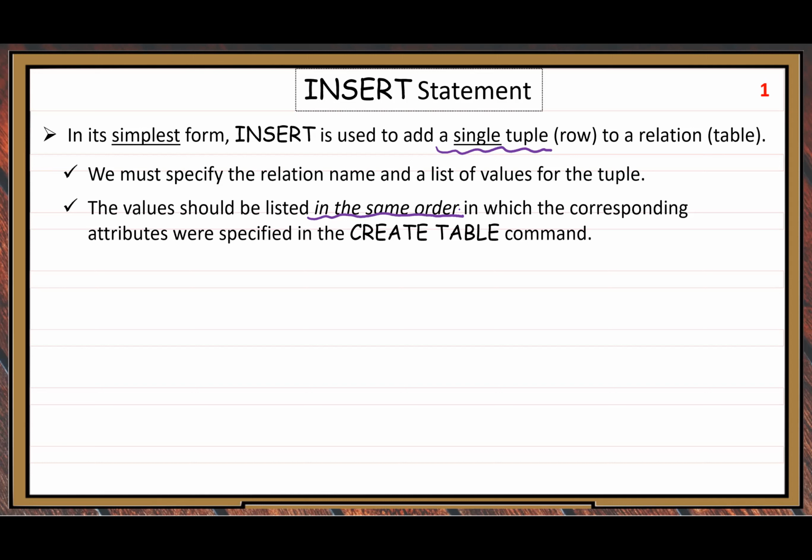So in this, our first version, we only provide values. The attributes are in the original order, the one in the table definition.